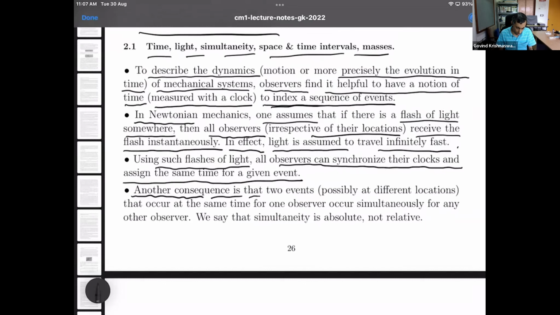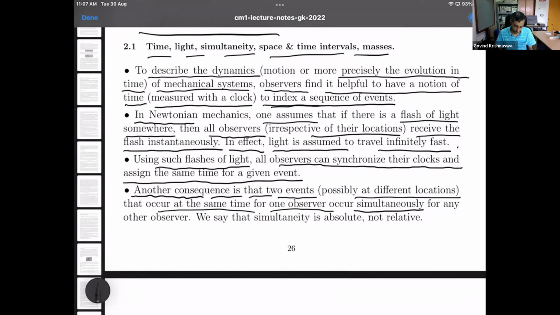Okay, another consequence of this is that two events, possibly at different locations, that occur at the same time for one observer. So I may be the observer, and the two events may be that Vishnu Ravi asked a question, and Onkon Mukherjee also asked a question. I may say that they both occurred simultaneously.